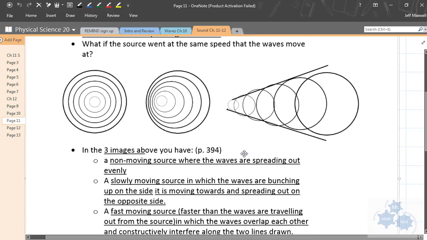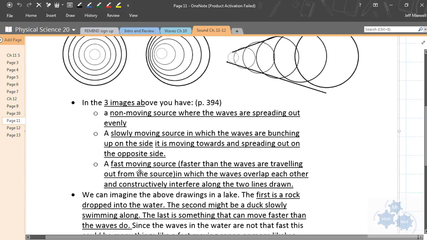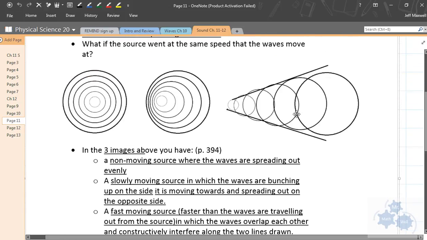Okay, let's just take notes here. A fast-moving object, faster than the waves are traveling from the source. So the object is actually moving faster than its sound can travel. The waves then overlap each other, and they constructively interfere along these lines. So you can see how the sound waves from a single object are allowed to superimpose on themselves.